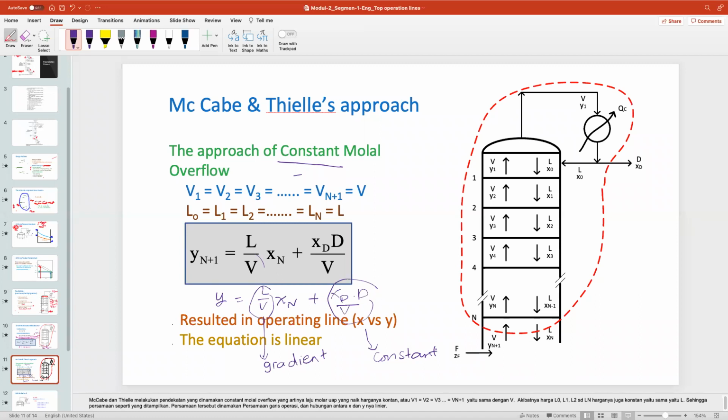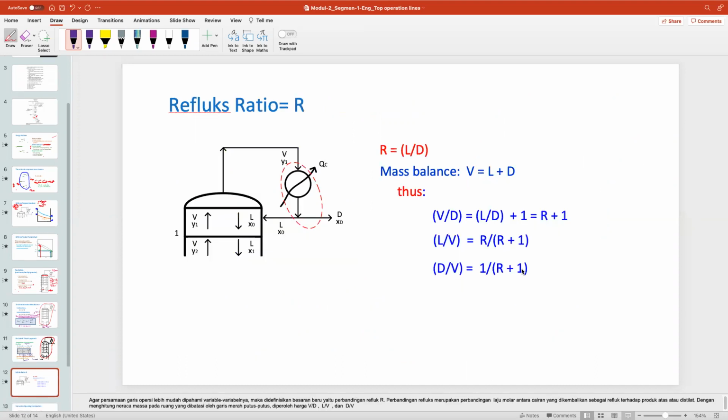Why do we need this operating line? Because we want to know all the compositions inside. In order to do that we need to know L and also V, which goes back into the fractionation column.